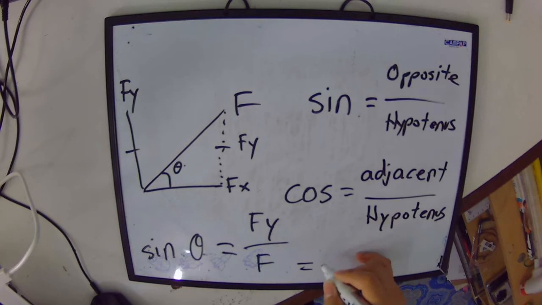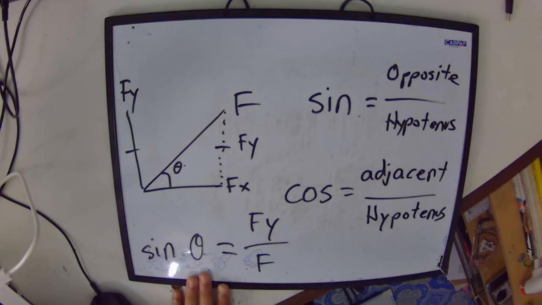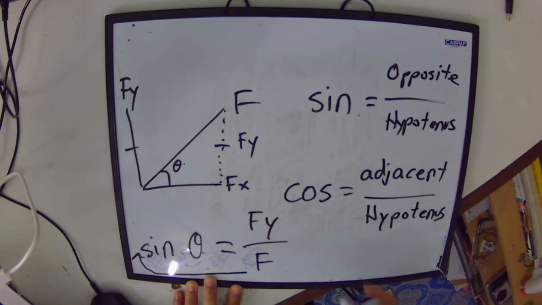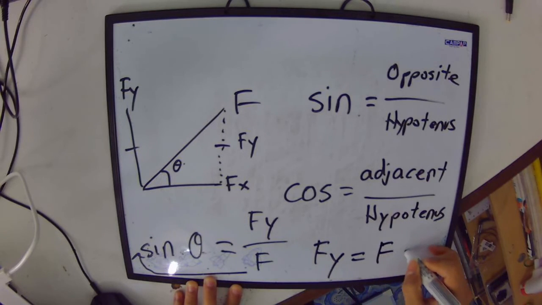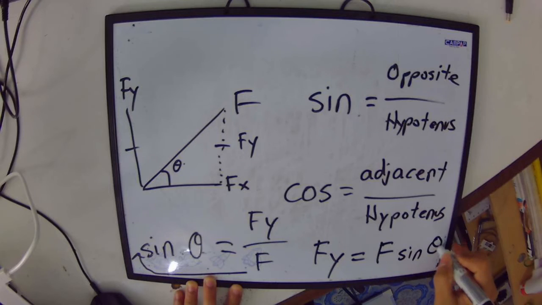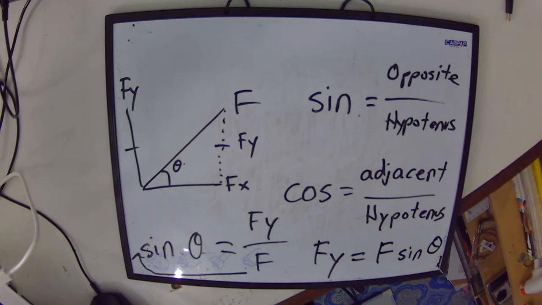So Fy equals F sin. You can find this explanation in your textbook as well, but it doesn't go step by step into explaining it.